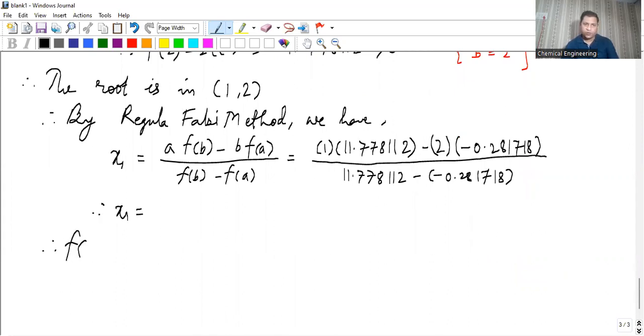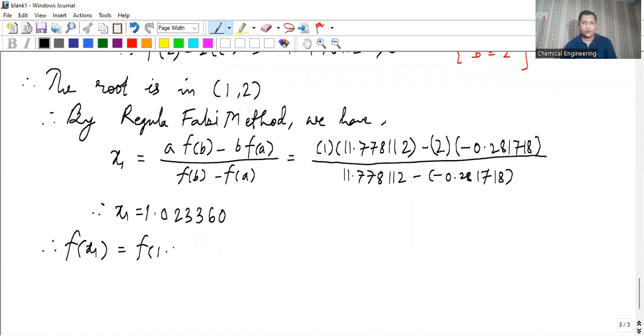Then we can calculate f of x1. The point is going to be 1 point something. Sir, x1 will be 1.023360.